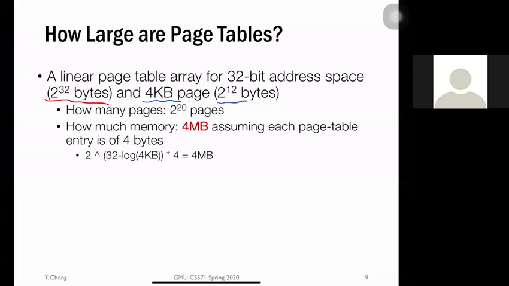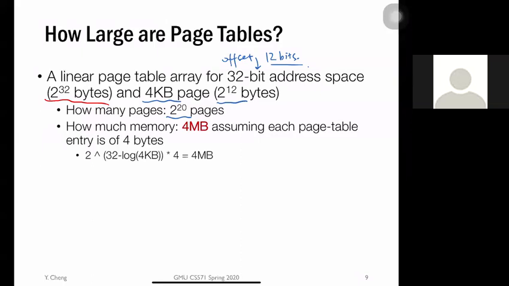So how many pages are in this virtual address space? You can calculate this using 2 to the power of 32 minus 12, which gives you 2 to the power of 20 virtual pages in this system.